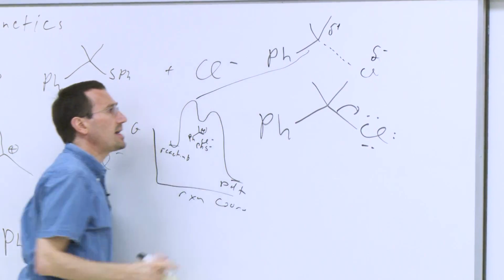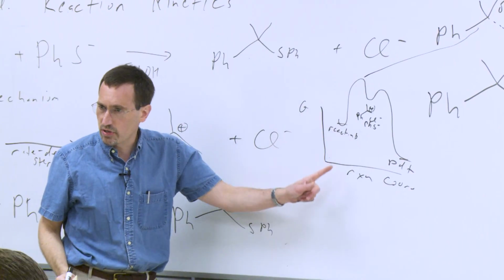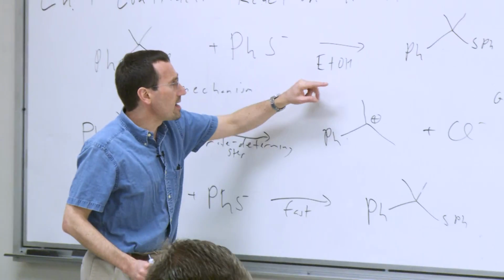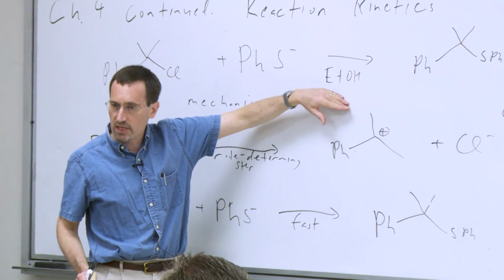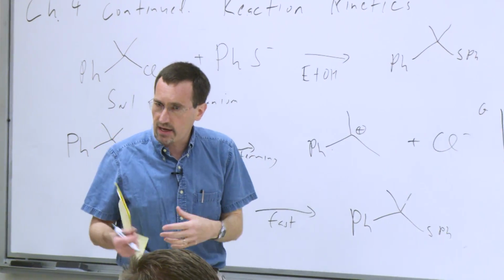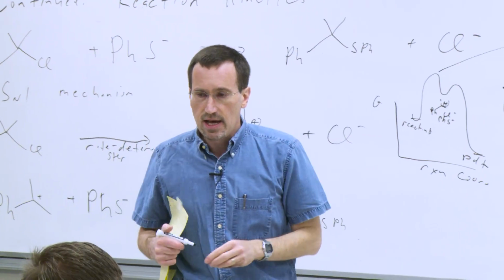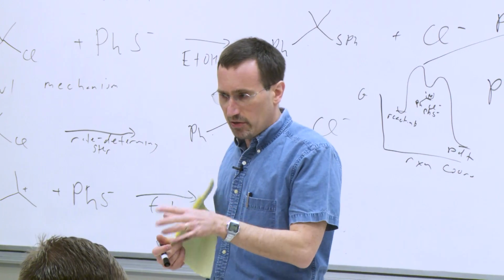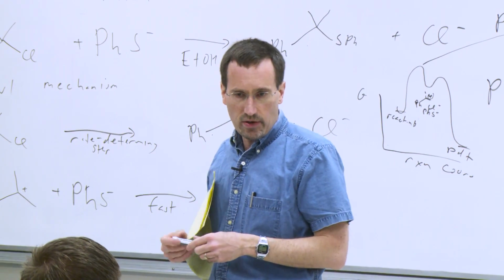That's over here. Anything that lowers that energy barrier makes the reaction go faster. So we're running this reaction in a polar solvent, a solvent with a high dielectric constant. That solvent goes ahead and it favors the formation of the carbocation.